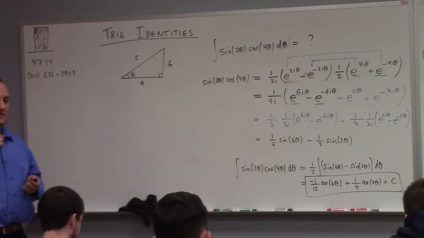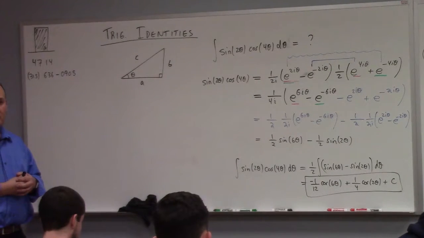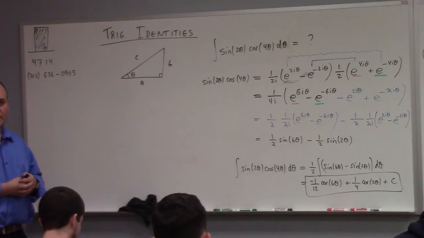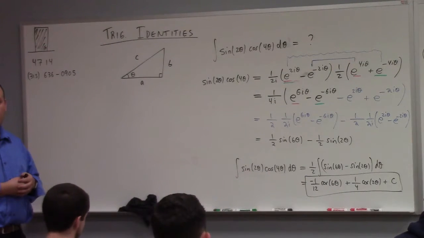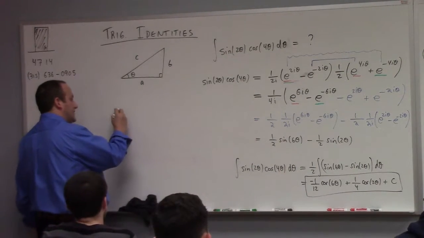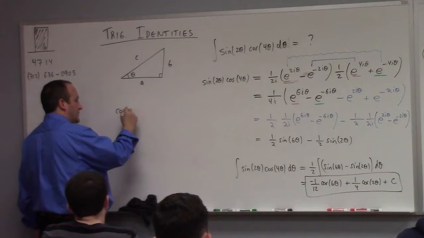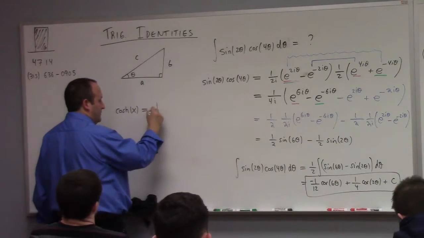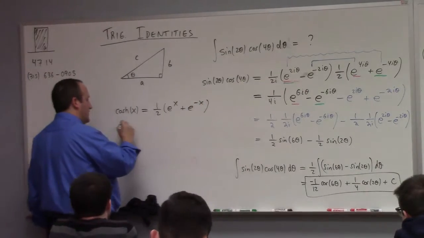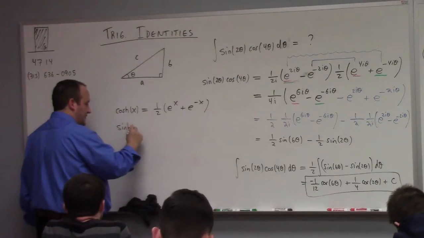Now, the other reason that I like to talk about imaginary exponentials is it helps emphasize the shocking similarity between hyperbolic sine and cosine more thoroughly. See, because what we're going to talk about tomorrow is that the definition of cosh x is what? And the definition of sinh x is this, right?